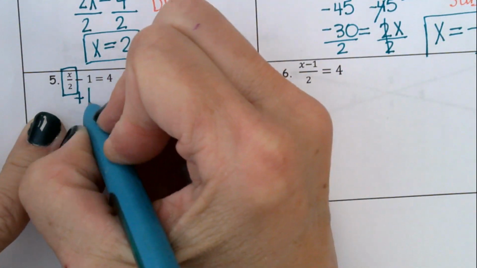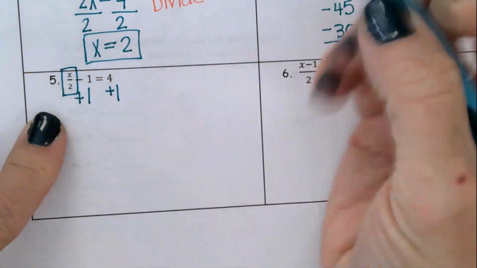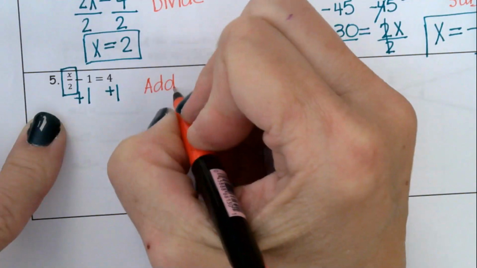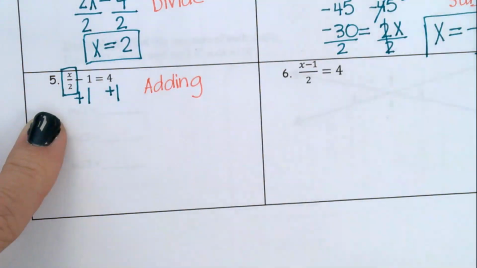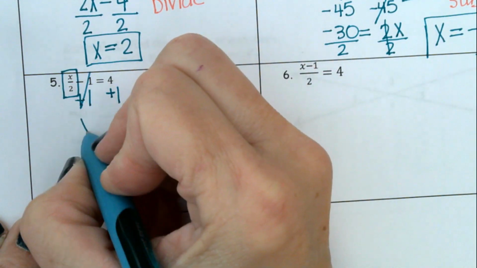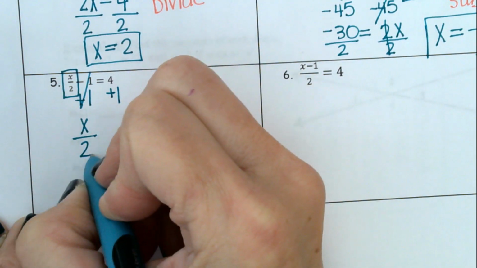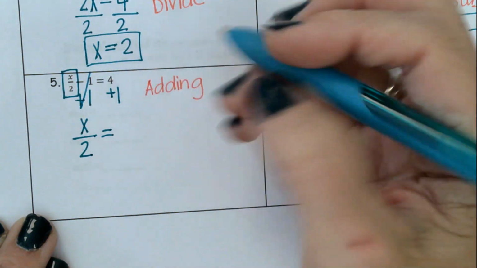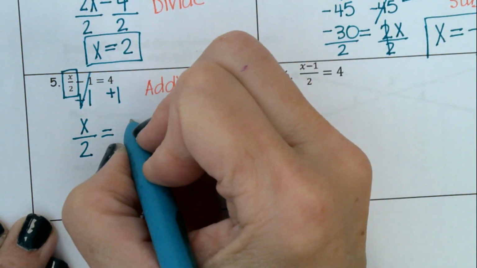Put a plus 1 there, put a plus 1 there. What are we doing? We're adding. Okay. Those make 0. Bring down your x divided by 2. And then 4 plus 1 is 5.